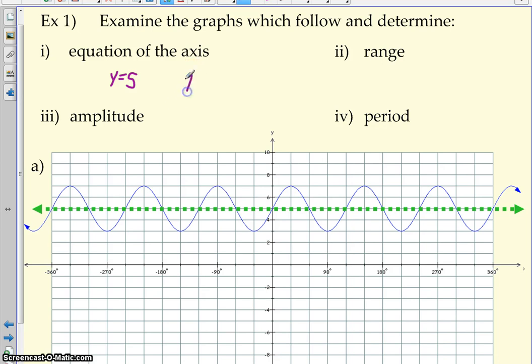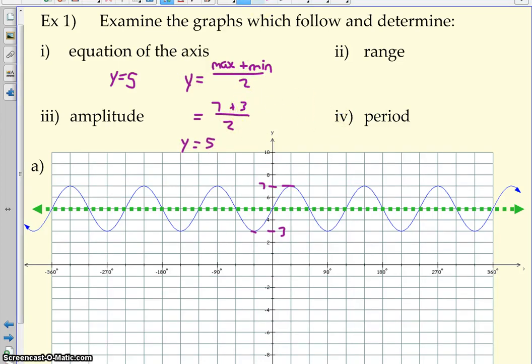You can always calculate it by going max plus min divided by 2. In this case, our maximum value is 7. Our minimum value is 3. So you go 7 plus 3 divided by 2, which again gives you y equals 5. So you get it visually from the graph, but also know that you can calculate it as well as long as you have the max and min value.